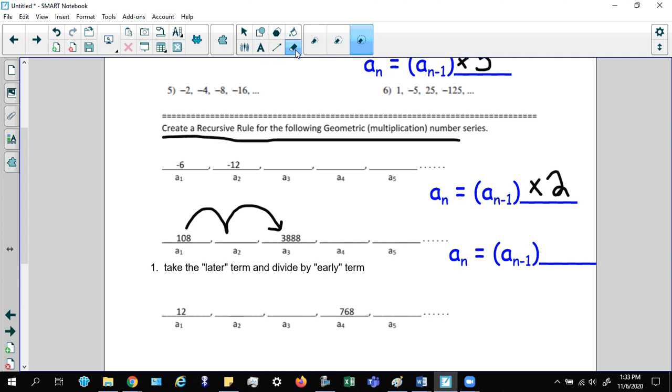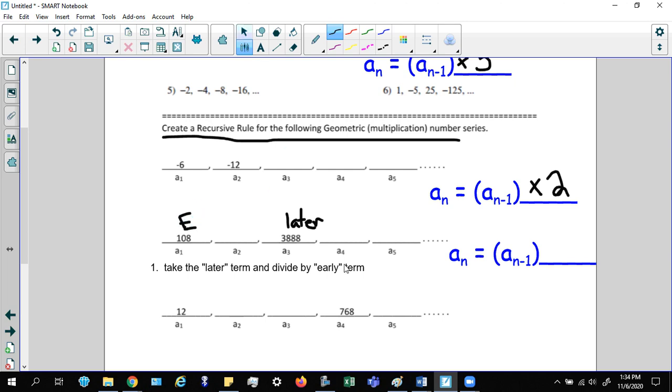Now you might be thinking, well, what are you talking about? What I mean by the later term is the term that came later in the sequence. So this is the third term, so this would come later in the sequence, which means this is the early term. I'm just going to write E because I don't want to write with my mouse.